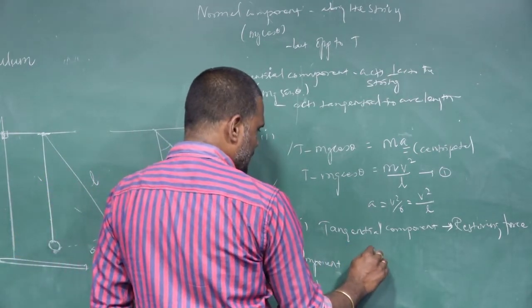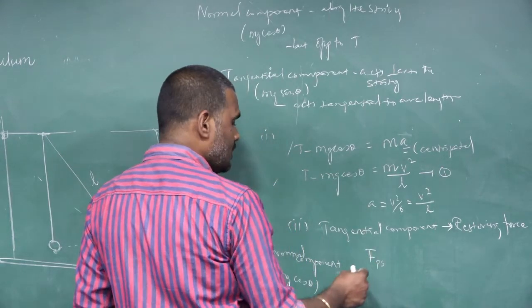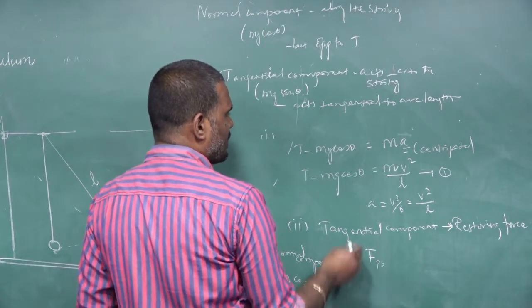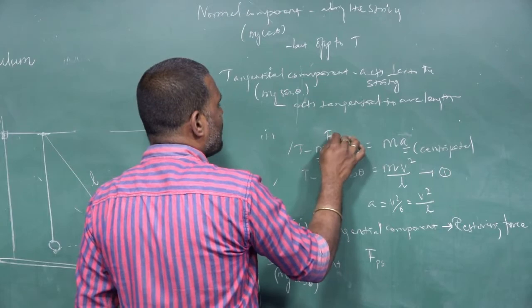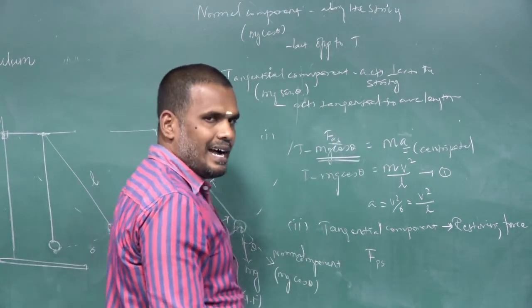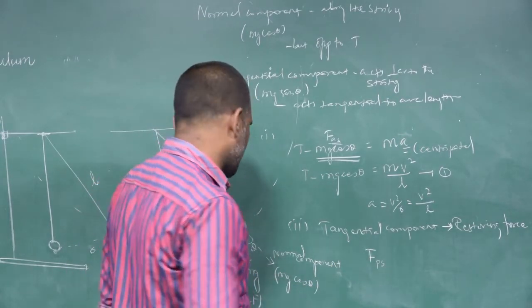So I can say here, the force, which is nothing but the tangential component, the component perpendicular to the string, is taken as F_PS, and F_AS is the force acting along the string. AS stands for acting along the string. This is F_PS, the force acting perpendicular to the string.